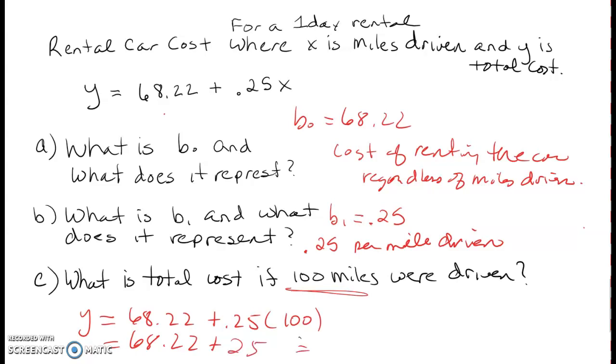Add that to the $68.22, and you get $93.22. So if we drive 100 miles, then our total cost is $93.22. So again, this first section is just to give you a brief review of basic linear equations.